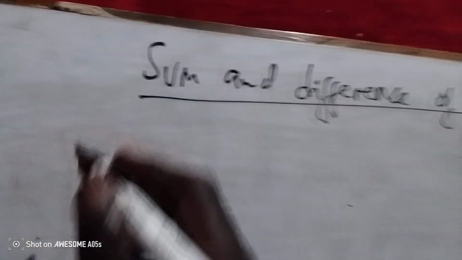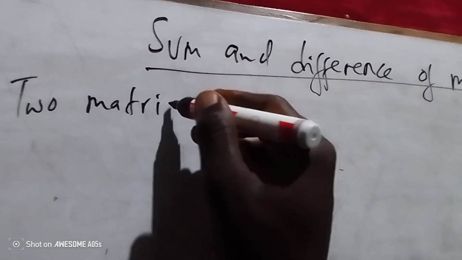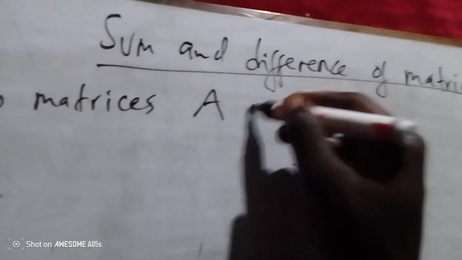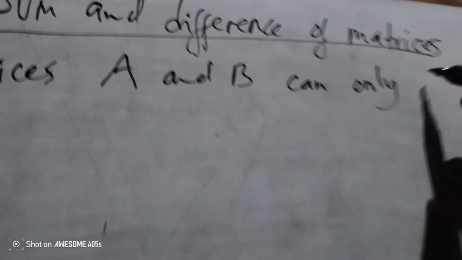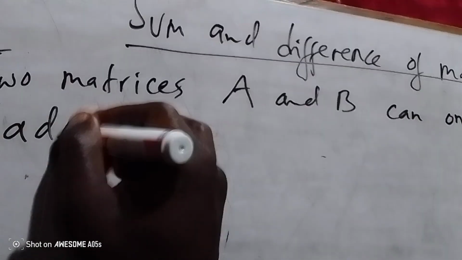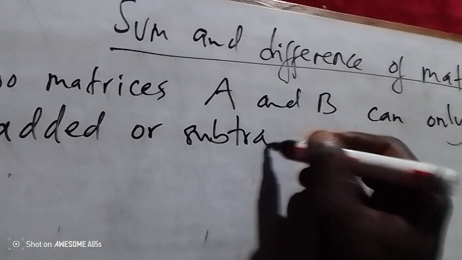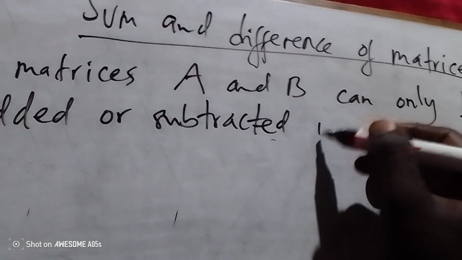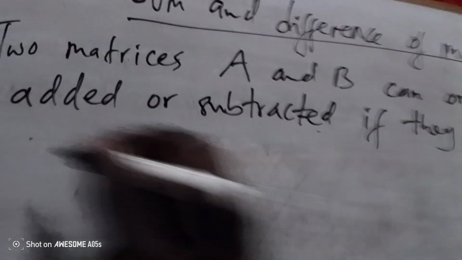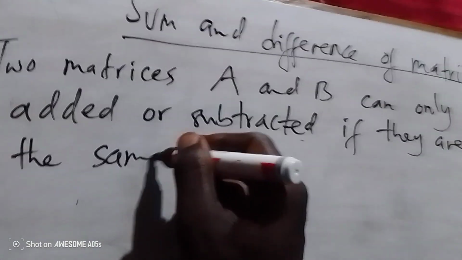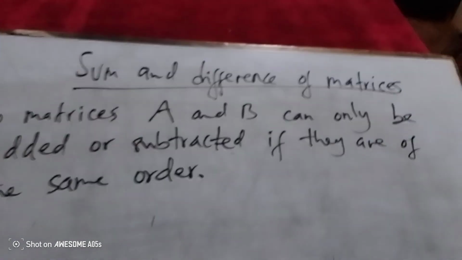So two matrices A and B can only be added or subtracted if they are of the same order, only in that case.